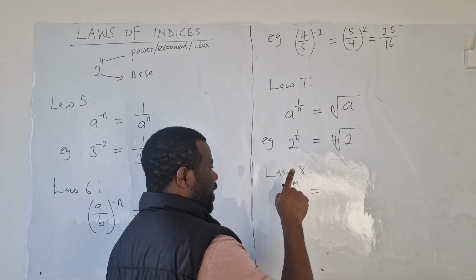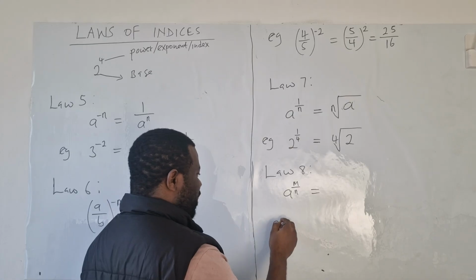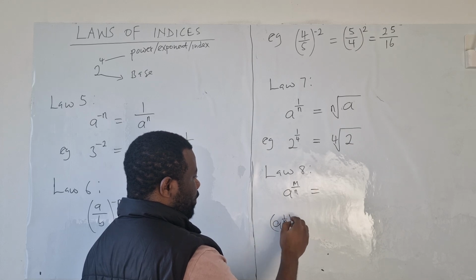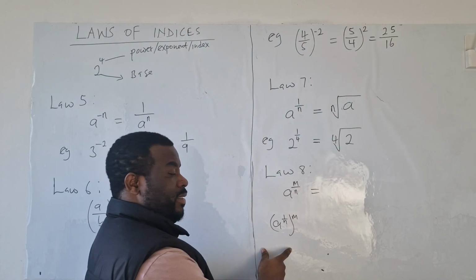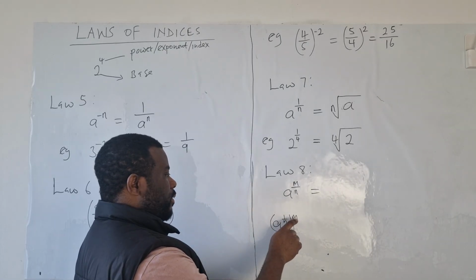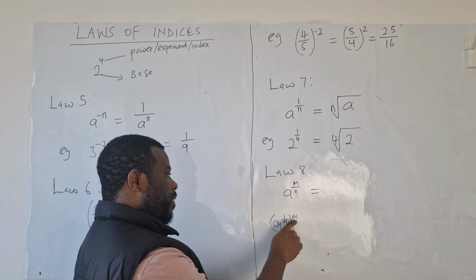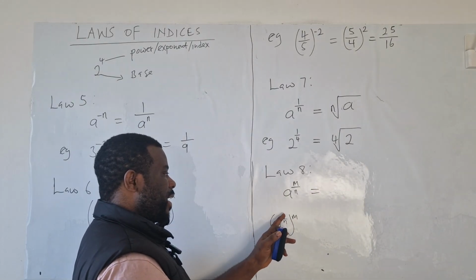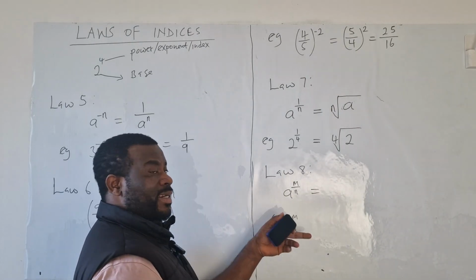Don't forget that this one is the same as a raised to the power 1 on n, all raised to the power m. The power m multiplies the numerator 1, and that gives us a raised to the power m on n. So this and that are the same thing.